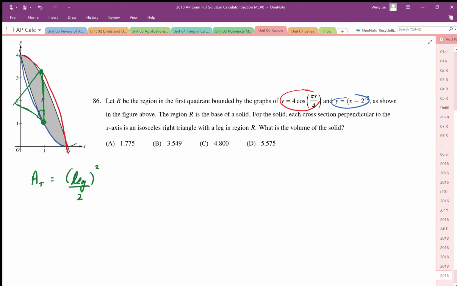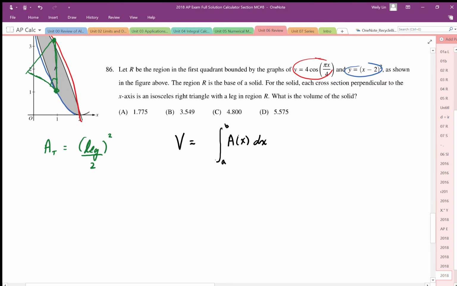In general, the volume for pretty much anything is going to be the sum of the area times the thickness, and we're going to integrate that from a to b. So that's what it looks like in general.